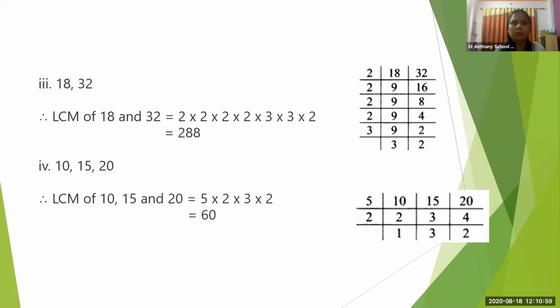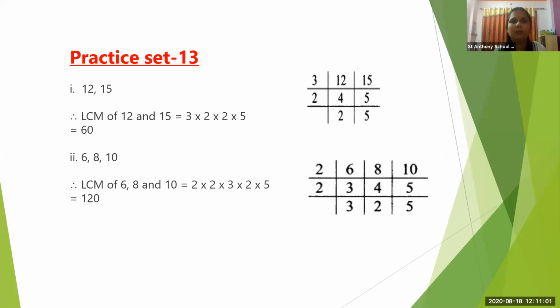Okay, so now here practice set 13. So 12 and 15 is there, right? So first find the column. See, if we have to find HCF, I have taught you two methods to find the HCF. First is this column method.